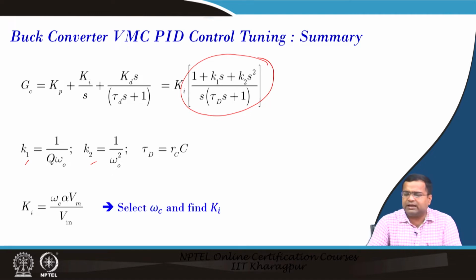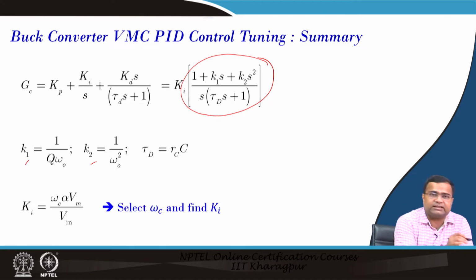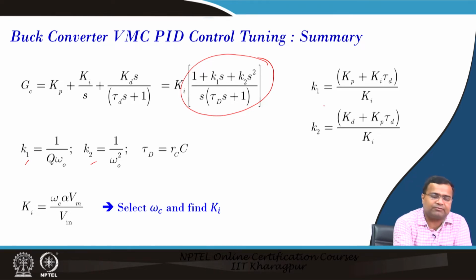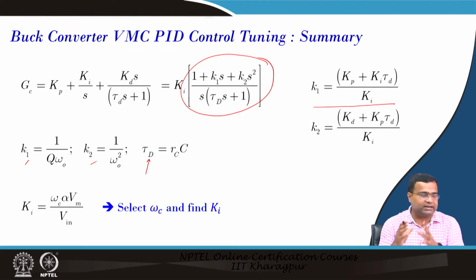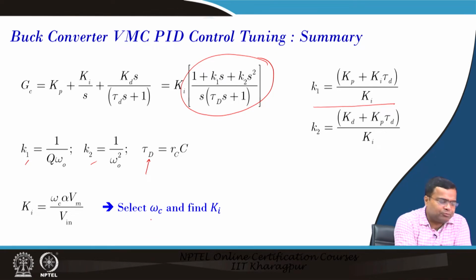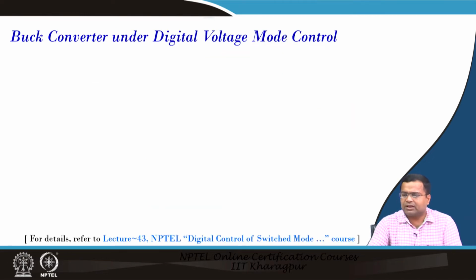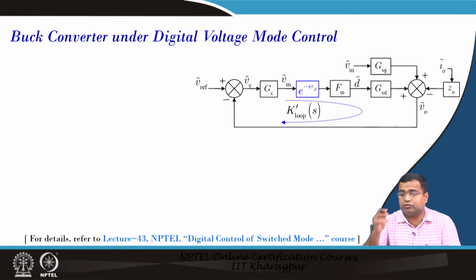In lecture number 43 we discussed that K1, K2 are functions of Kp, Ki, Kd and tau d, which is the time constant of the practical derivative controller. Then we have to select the crossover frequency so that we can find out the controller integral gain.